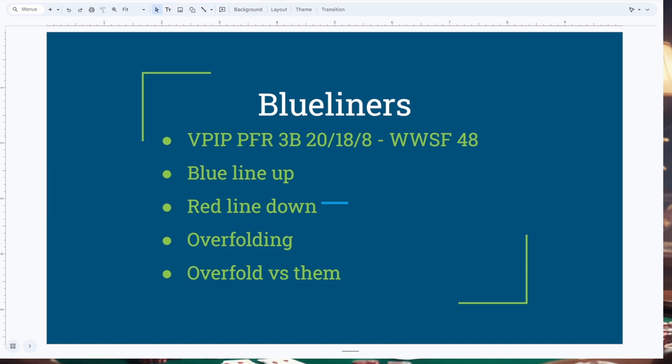One main trait blue liners have is overfolding. They usually won't go to showdown as often because they're not really scared of getting bluffed a lot. So they are just mucking their hands in the small pots a lot. They say, I don't care about losing the small pots. And this is where we can be more aggressive against them.